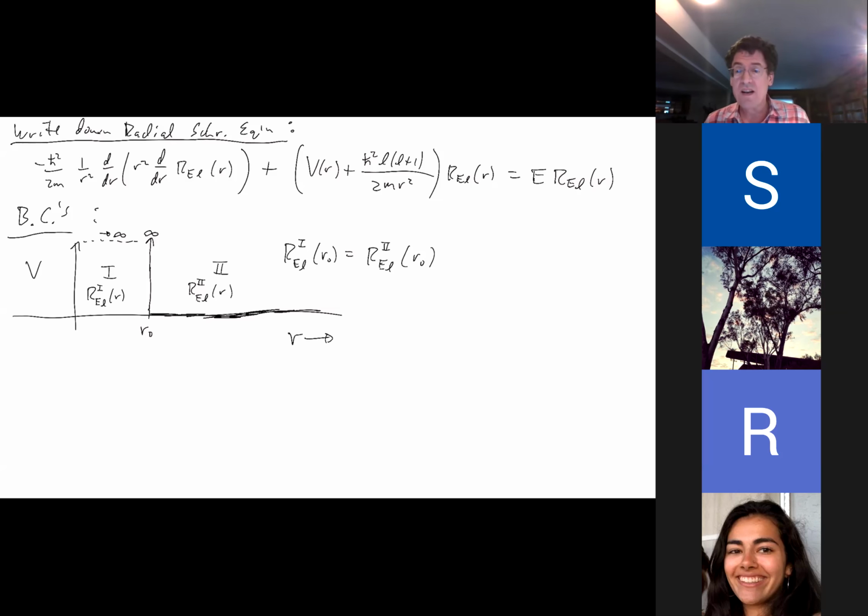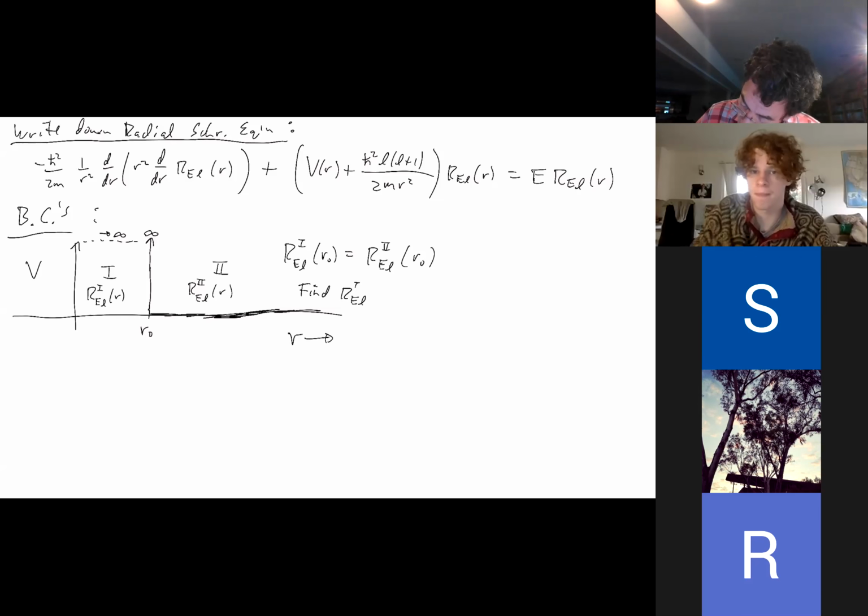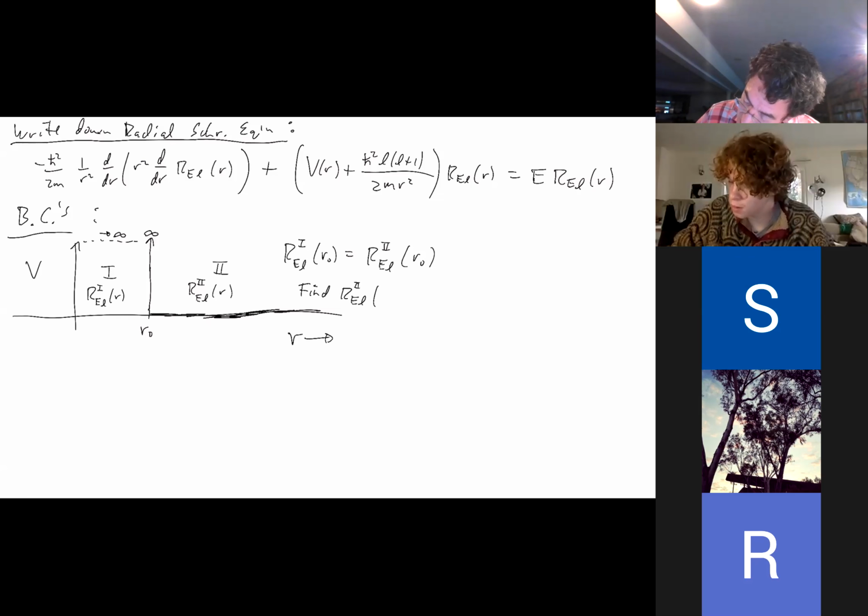That's exactly right. So my strategy then is to find R_El in which region? Which region do I really care about the most? Region 2. That's right. I'm going to find R_El in region 2.